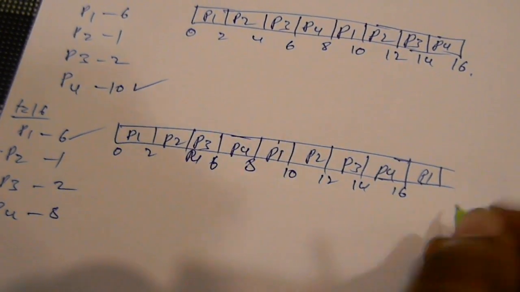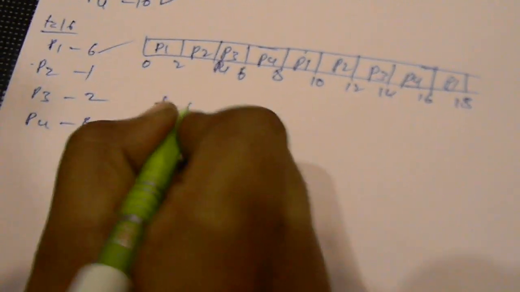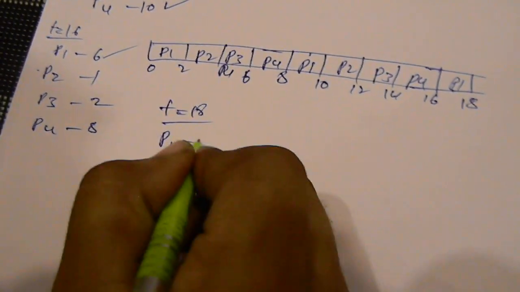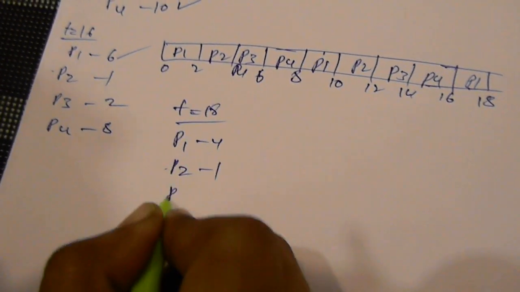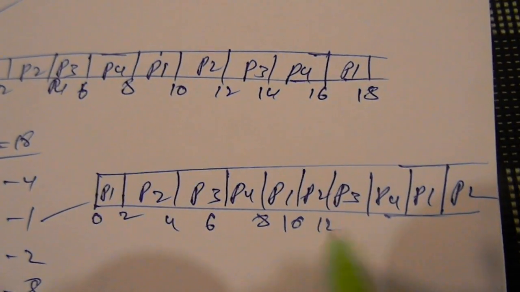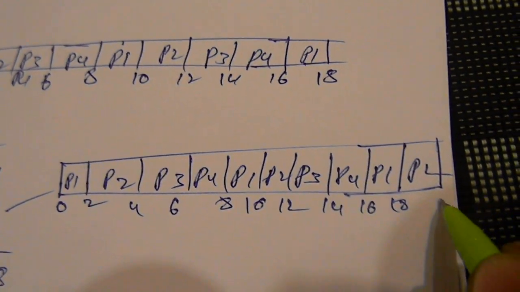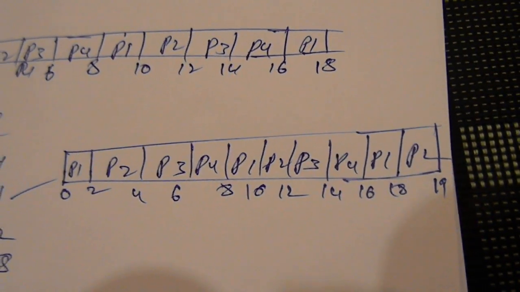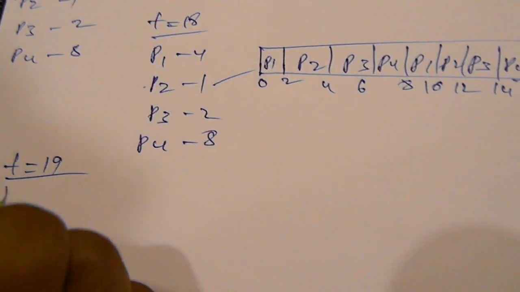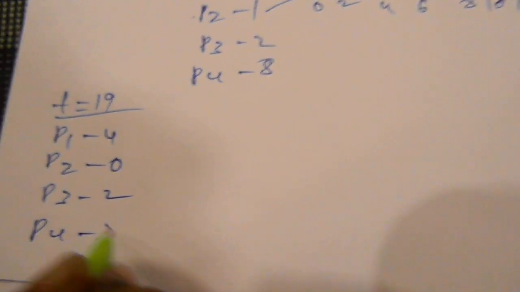It executes only 2 milliseconds, that is up to 18 milliseconds. Now at t equals 18, P1 with 4, P2 with 1, P3 with 2, P4 with 8. P2 executes only 1 millisecond and completes its execution at 19 milliseconds.